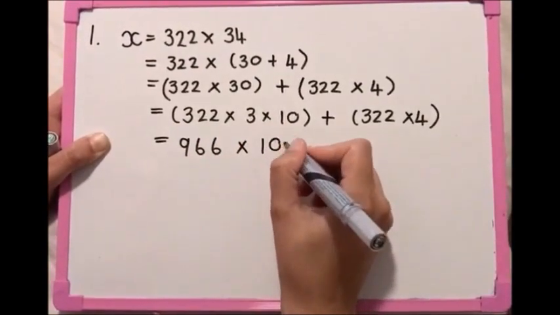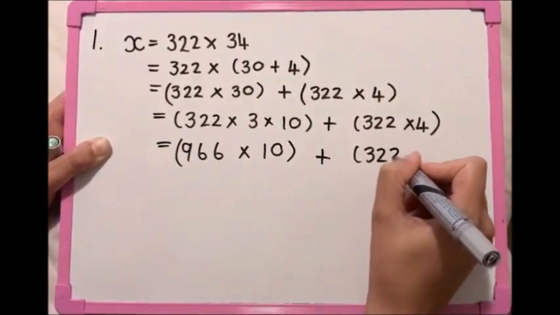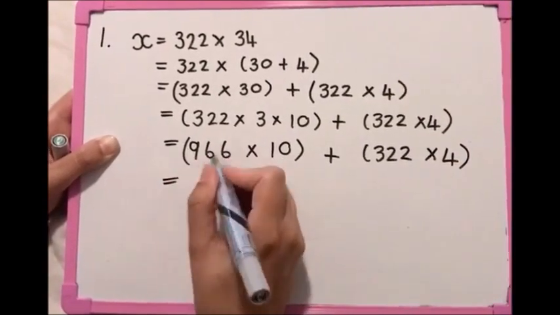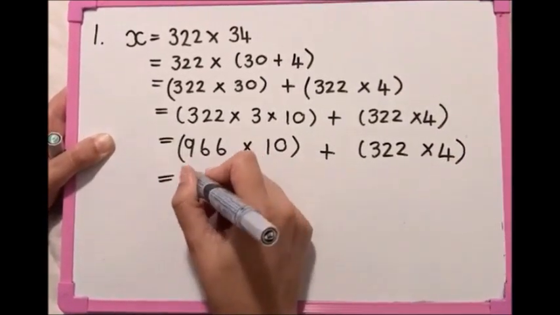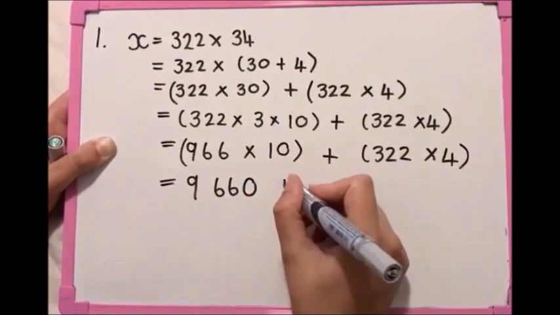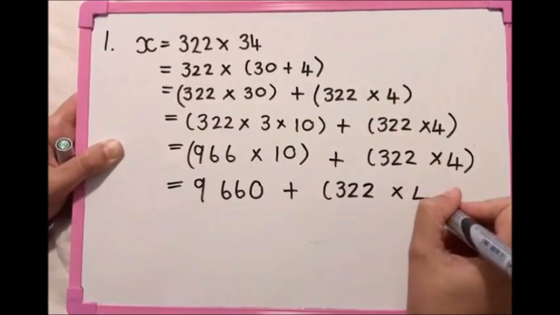We write times 10 and we continue writing the rest of the sum. We now multiply the 966 with 10 and we get 9,660, and we continue writing the rest of the sum.